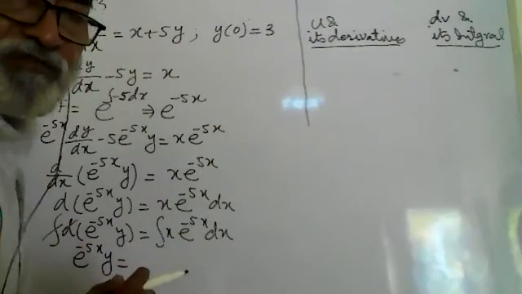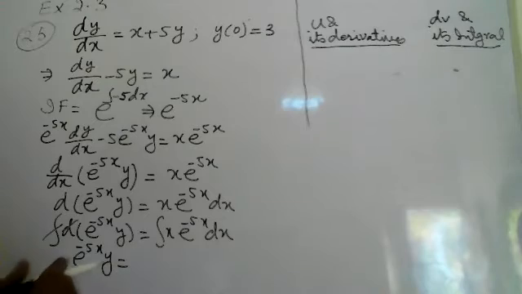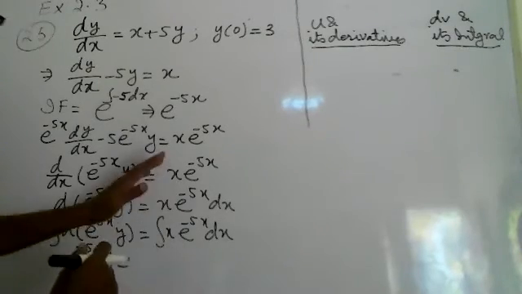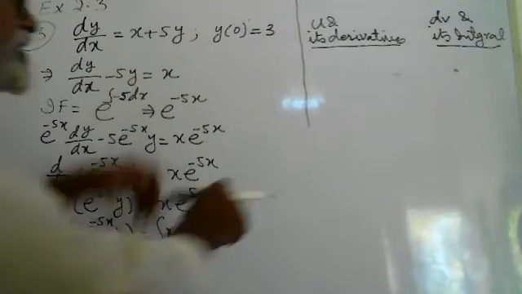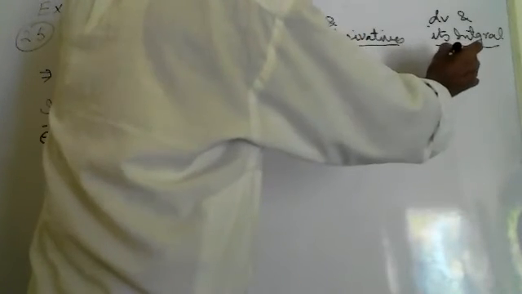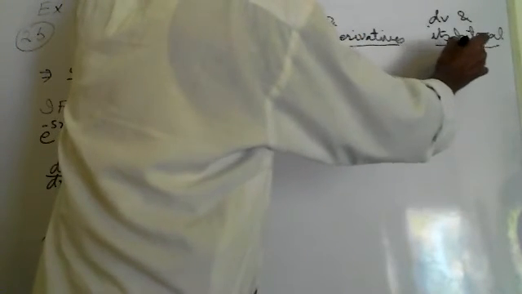We will use the tabular form. U is considered x because its derivatives will be decreasing, declining. So u is x, and here dv is e raised to power minus 5x.